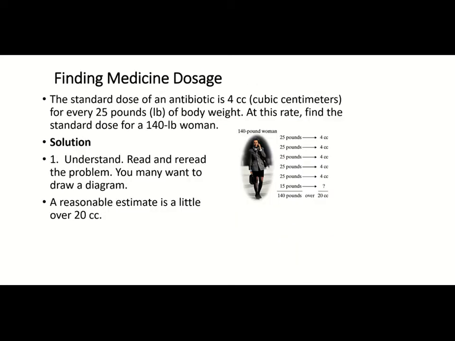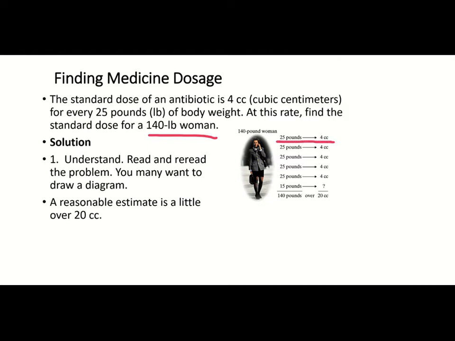All right, so next we are going to find out the standard dose of antibiotic for a woman who weighs 140 pounds. Based on the medicine's calculations, they know that for every 25 pounds of an adult, they get 4 cc's.